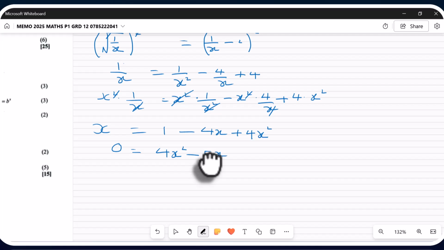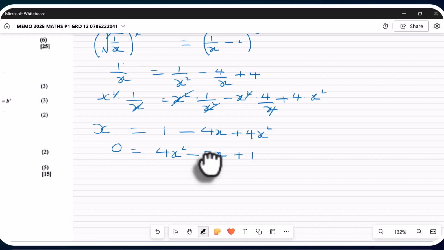So I can create pairs again. I can say it's 4x squared, minus 4x, minus 1x, and plus 1, right, guys, equals 0.